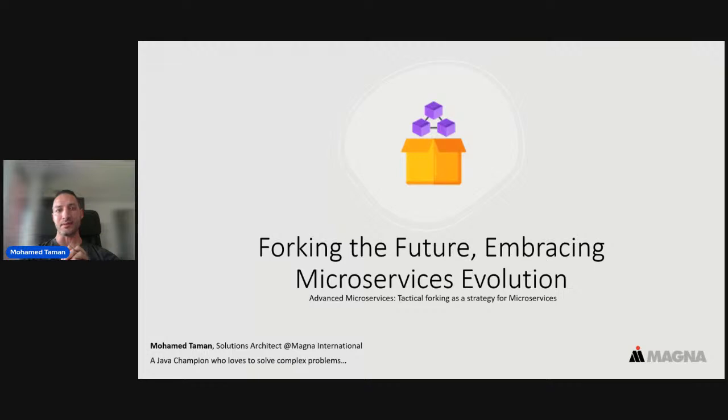As Muaz says, my name is Muhammad Taman and I'm working as a solution architect. My background is mainly in Java, and this is why, in a humble way, I'm a Java champion. I'm speaking about technology, not just about Java, but different topics like database, cloud, distributed systems, architecture, many things. And this is why I also write about it.